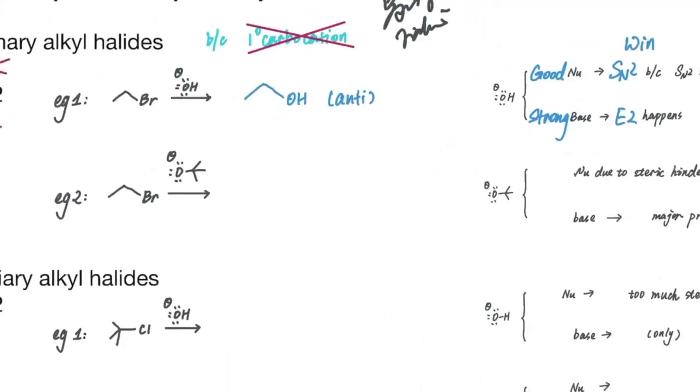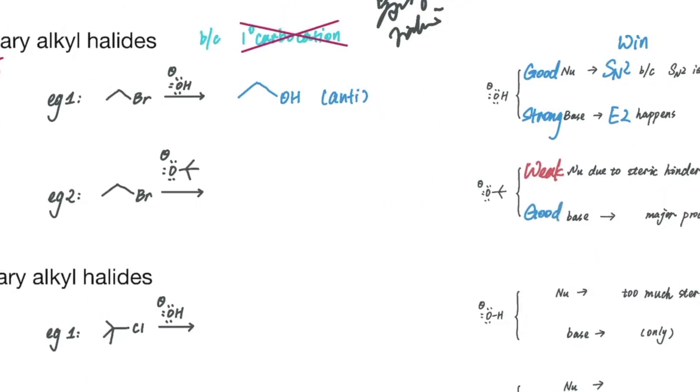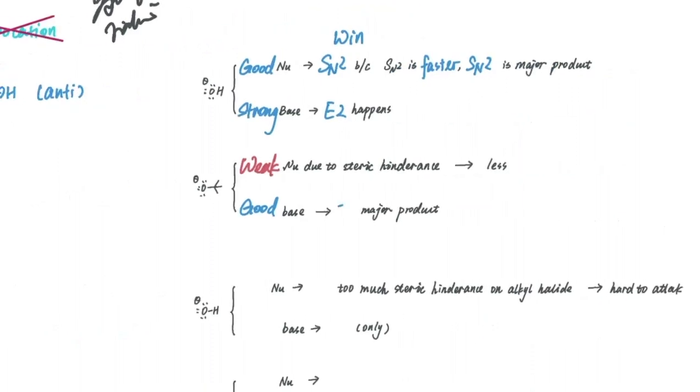Okay, the second one. Is this a good nucleophile or not? It's not, so I'm going to use pink. It's a weak nucleophile, but it's a good base, and it's a bulky base. So in this case, E2 is going to be the major product. There is less SN2 because of the steric hindrance.